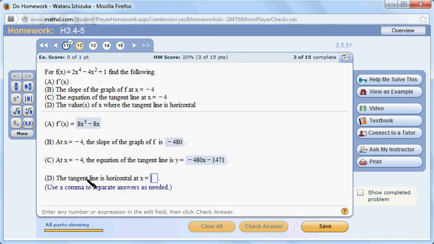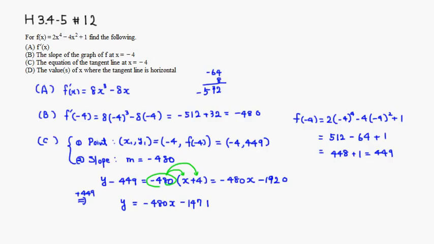All right, it says that the tangent line is horizontal at, so part D. A horizontal tangent line means that the slope is going to be equal to 0, but the slope can be found by looking at the derivative. So we need to set the derivative, which we found, 8x cubed minus 8x, equal to 0.